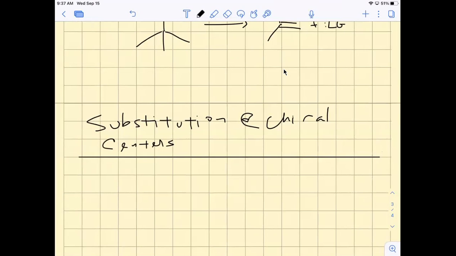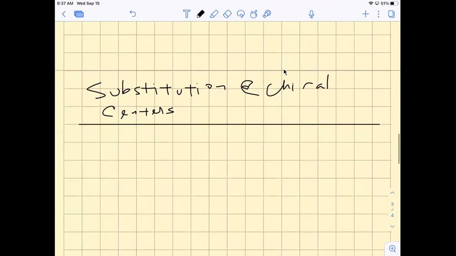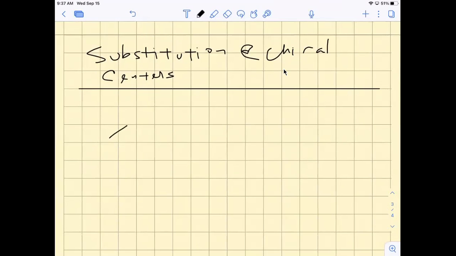Right, what we see if you have, let's say you have a molecule like this.